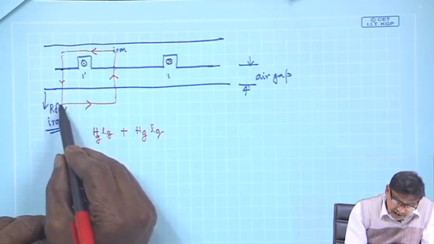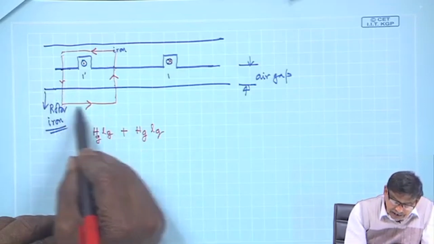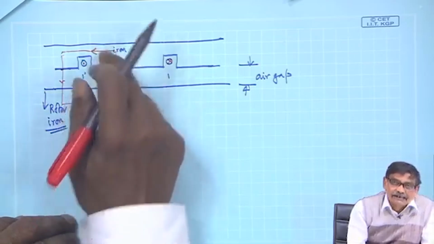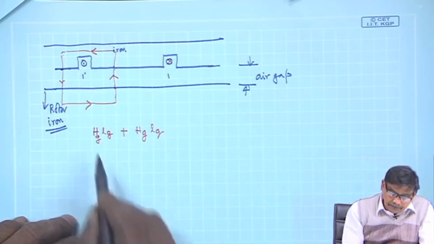plus H iron into L iron up to this. But these two drops are neglected, that is the meaning of that mu r.